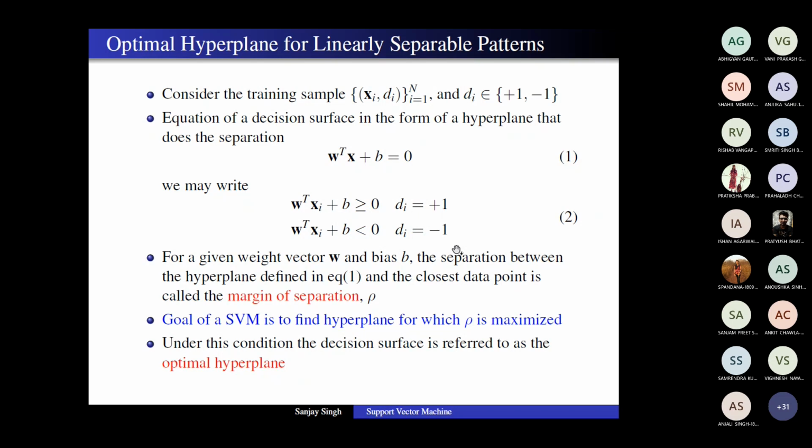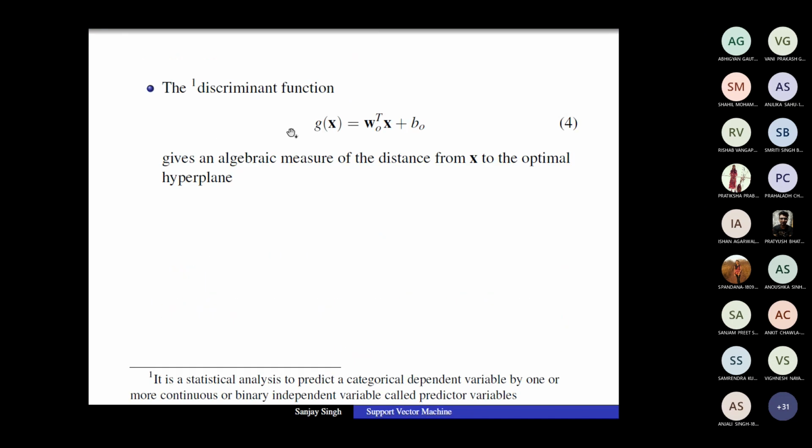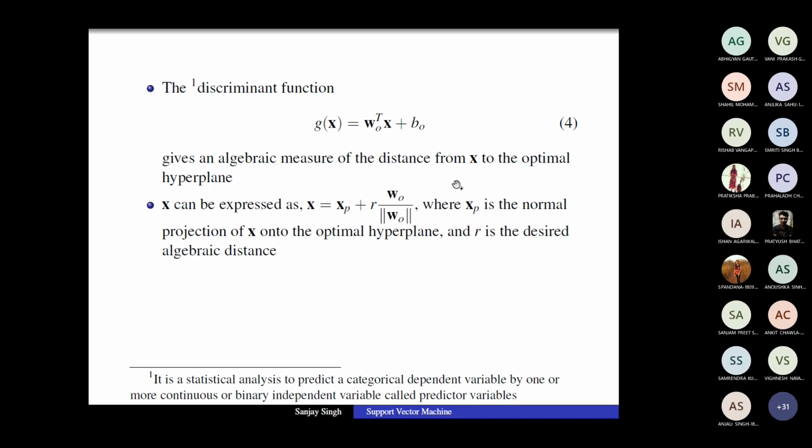And if it is less than 0, then we say class minus. So this entire part can be called a discriminant function. There is no universal definition for this discriminant function. From problem to problem its definition varies, but you should know what it means. Once we have this, it gives an algebraic measure of the distance from x to the optimal hyperplane. But where has this come from?